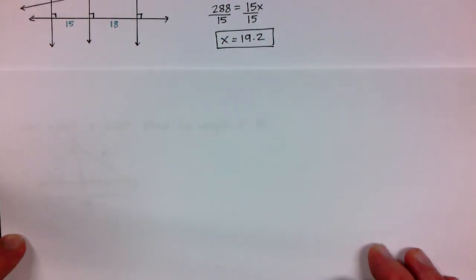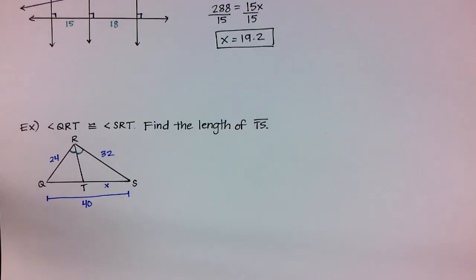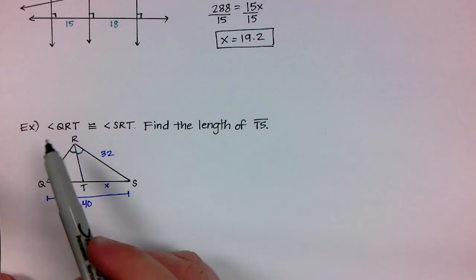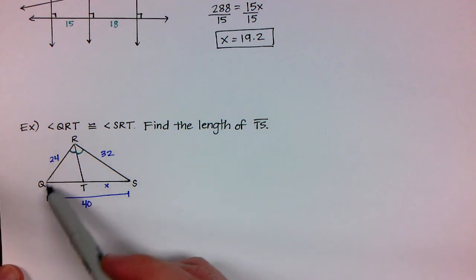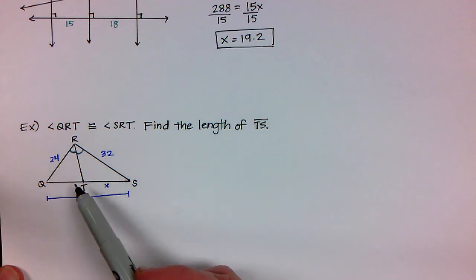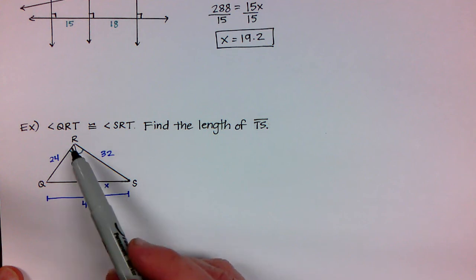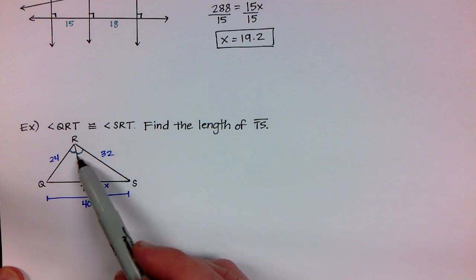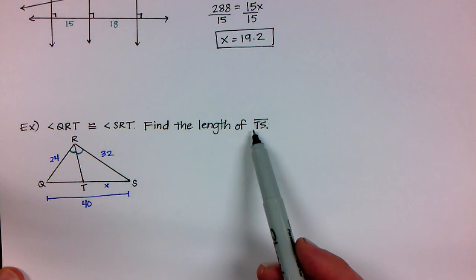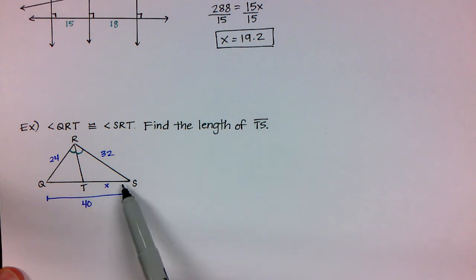So here we go. Last part. One more example. We're told that angle QRT is congruent to SRT. So we're told that this is bisecting this top angle R. And then we're asked just to find the length of TS. Okay.